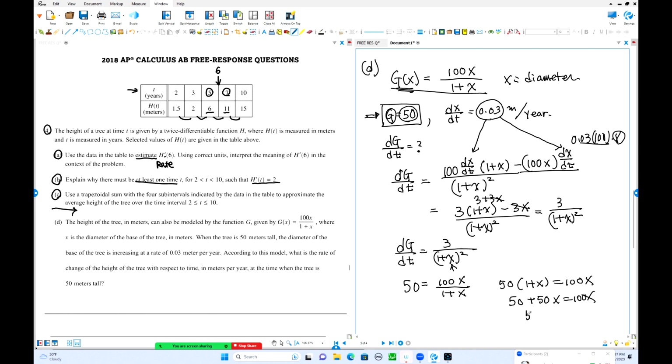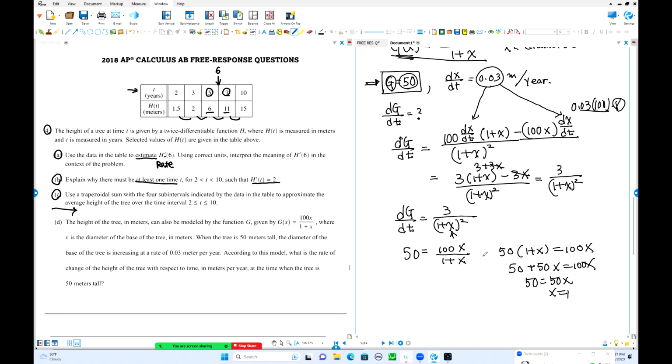Subtract 50x on both sides, 50 equals 50x. So x equals 1. At this time, the height of the tree is 50 and the diameter is 1.